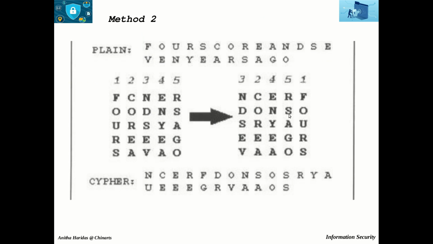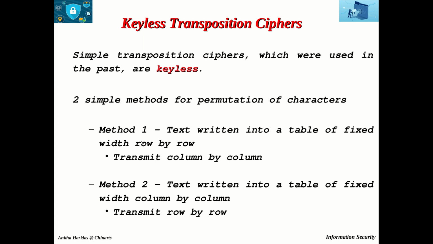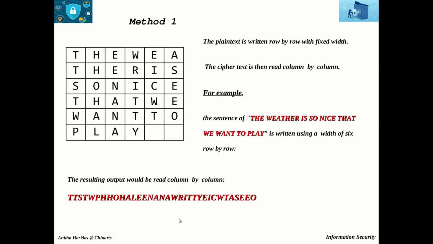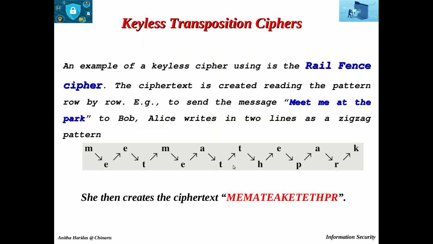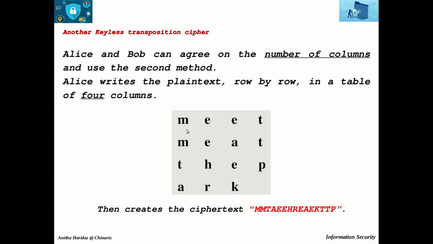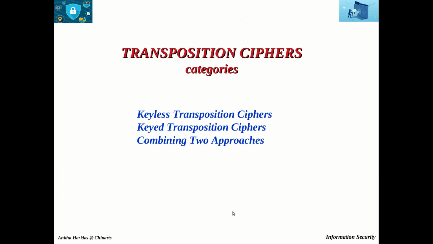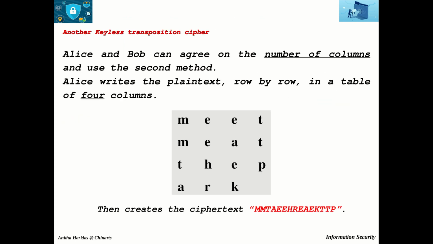Instead of saying it as the first method, writing it row by row and then transmitting it column by column, we can say the rail fence cipher is also writing the plain text column by column, then transmitting row by row. So that is what is done here in the rail fence cipher, and here we actually write it row by row, then we transmit it column by column. So these are the different keyless transposition ciphers coming under transposition cipher.